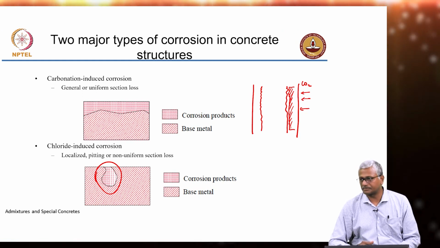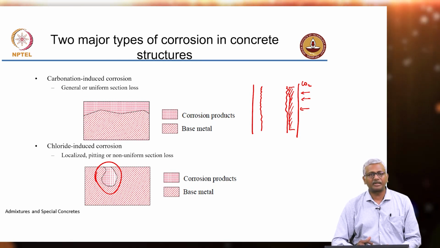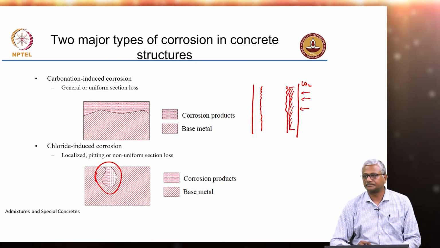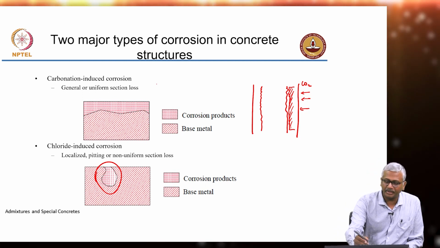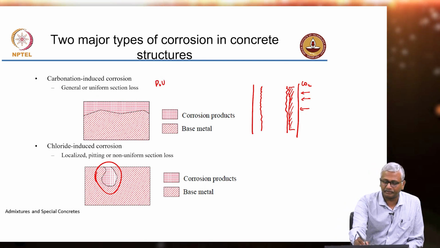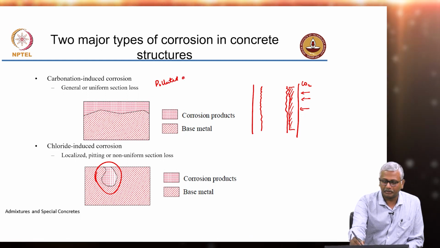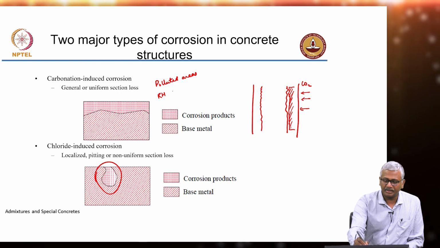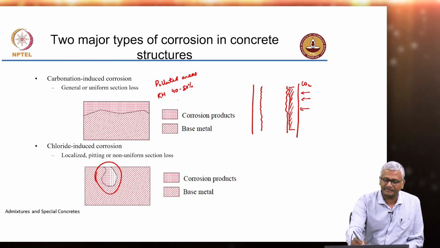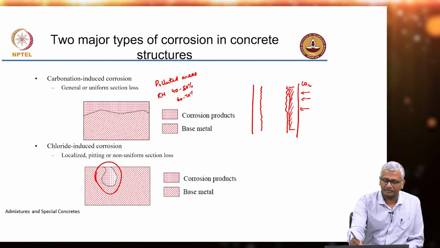carbonation induced corrosion. In what environments will carbonation happen? Generally most polluted areas, right? But more often it happens wherever the relative humidity ideally is between 40 to 80%. Maximum happens between 60 and 70.